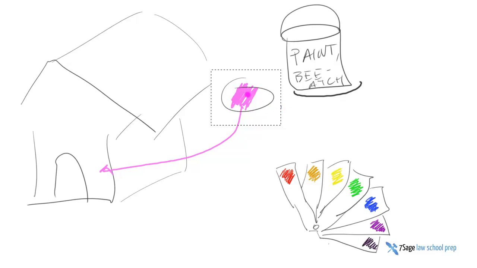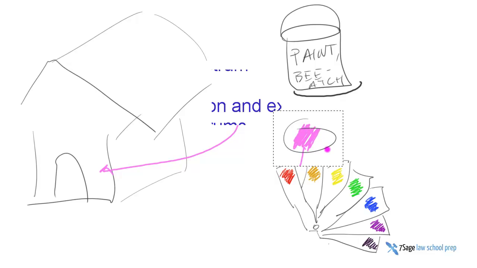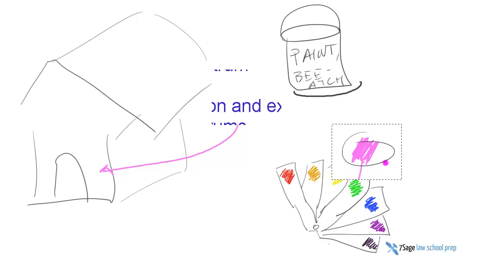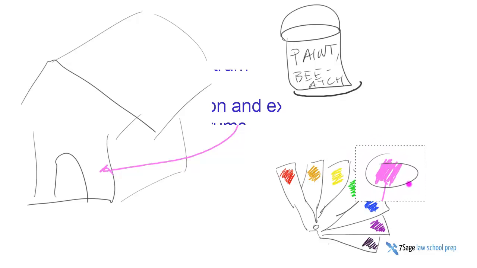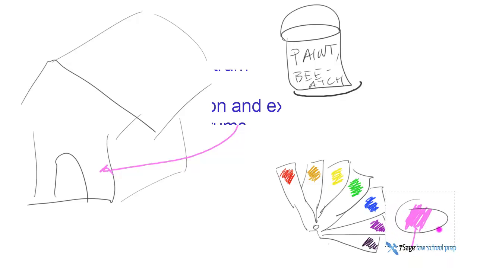So what is it that you do? You take the swatch and you go, "Oh, it's not red. Oh, it's not orange. Oh, it's not yellow. Oh, it's not green. It's not blue. No, it's purple, but it's not exactly purple. I guess I could mix purple and blue or something like that."